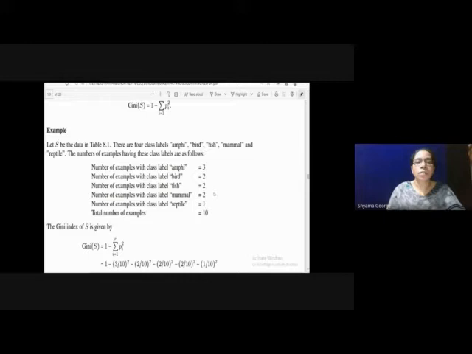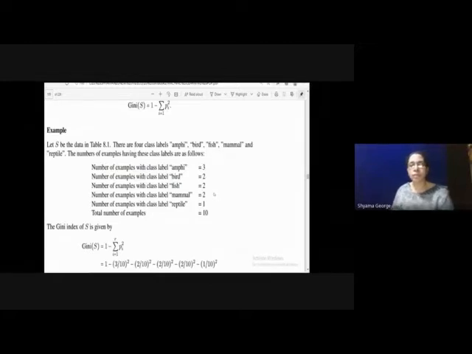Number of examples with class label amphibian, 3. Number of examples with class label bird, 2. Fish, 2. Mammal, 2. And reptile, 1. So there are a total of 10 examples or 10 samples. From this, we know the distribution of each class.